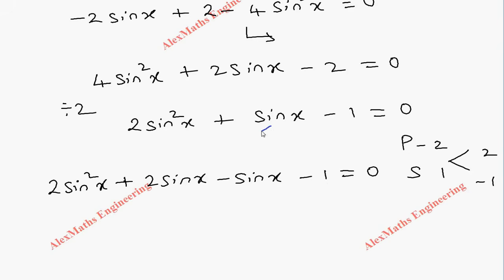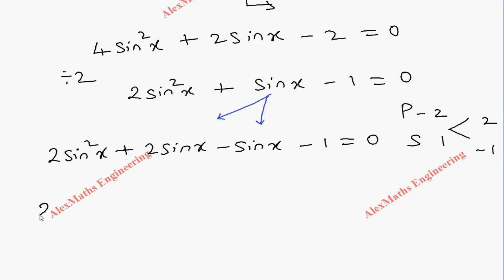So this sin x is written as a sum of two terms, 2 sin x and minus sin x. Then from the first two terms we can take 2 sin x common. After taking common, we are left with sin x plus 1.